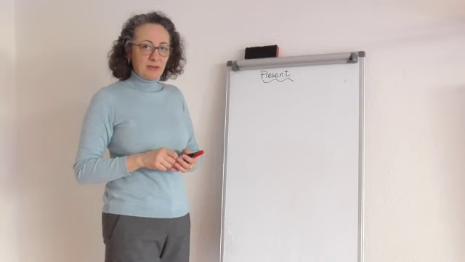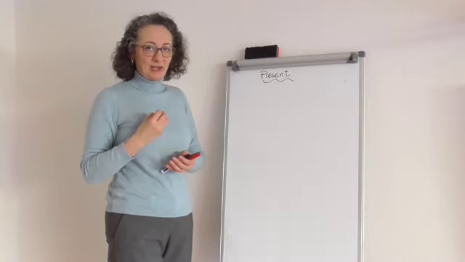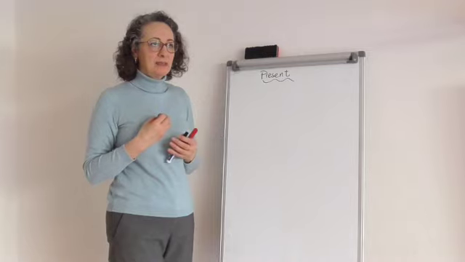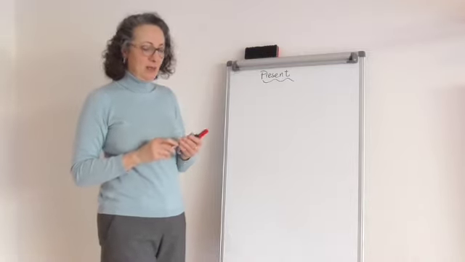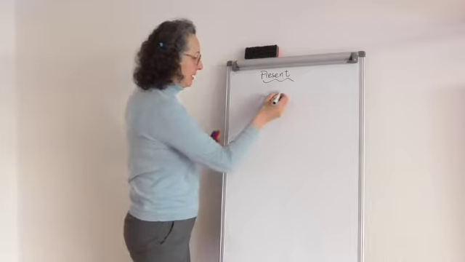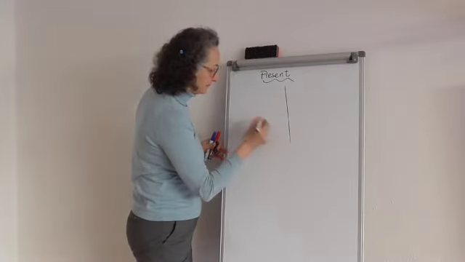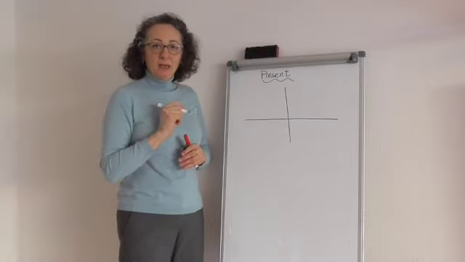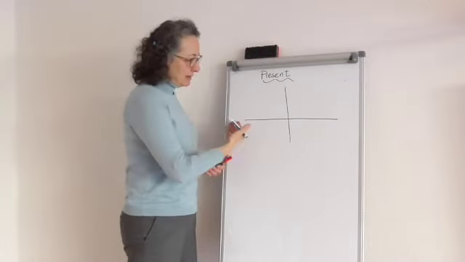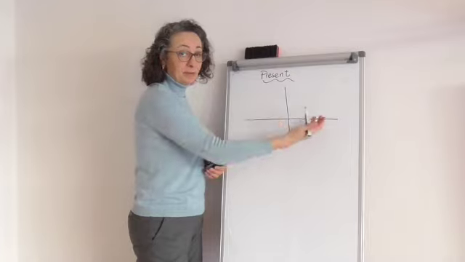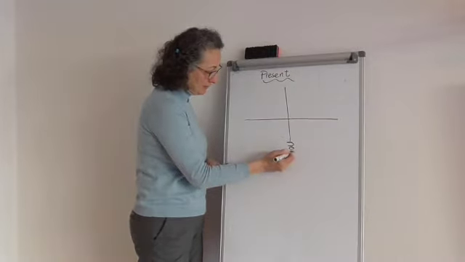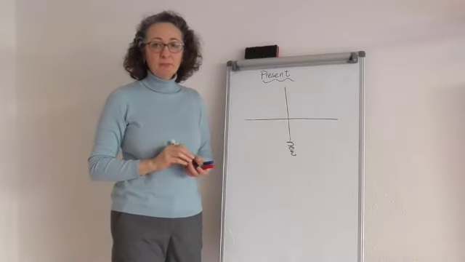Okay, in order to understand the time in English language and how time is demonstrated, I'm going to use a grid, all right, to show what happens. So this is the continuum of the time, all right, and this shows now.